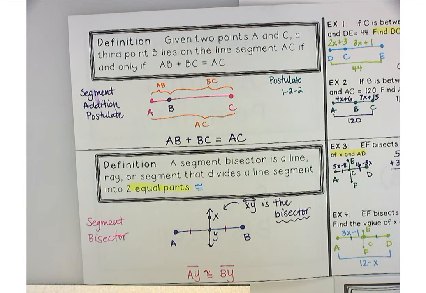If you look for that postulate in your textbook, it's called 1-2-2. The numbers really are not important. I think the names are more important than what number it is.